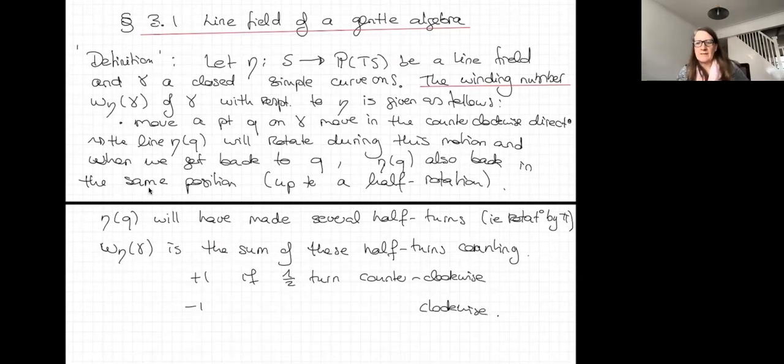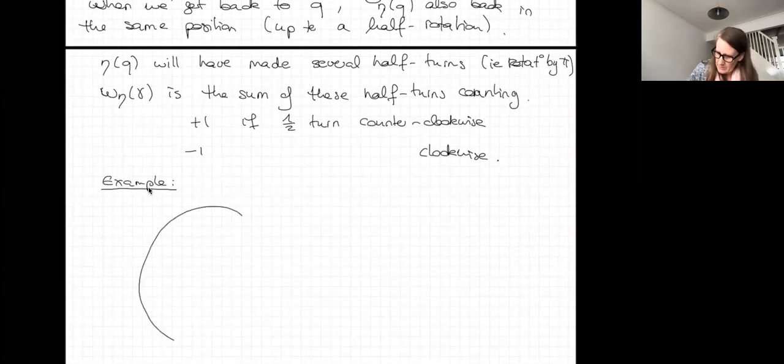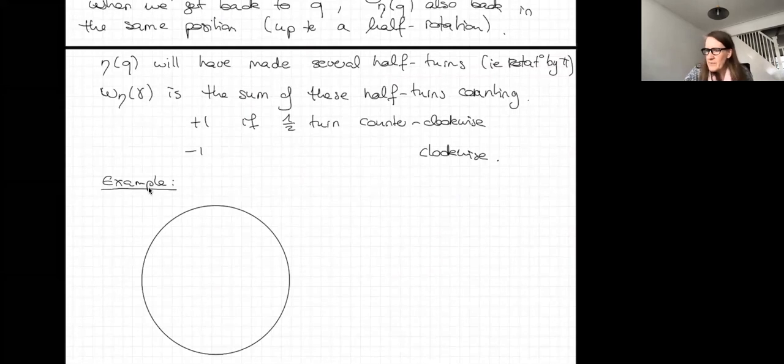Okay, so I think the best thing to do is to look at an example. Let's take a disk. And on that disk, I would like to draw a line field. And no, actually, let's take an annulus.